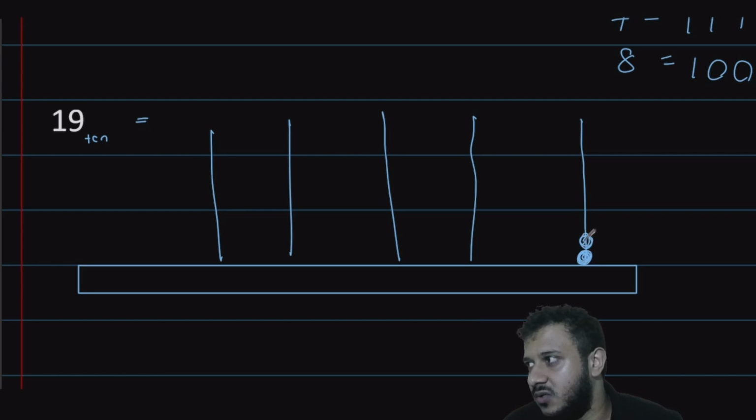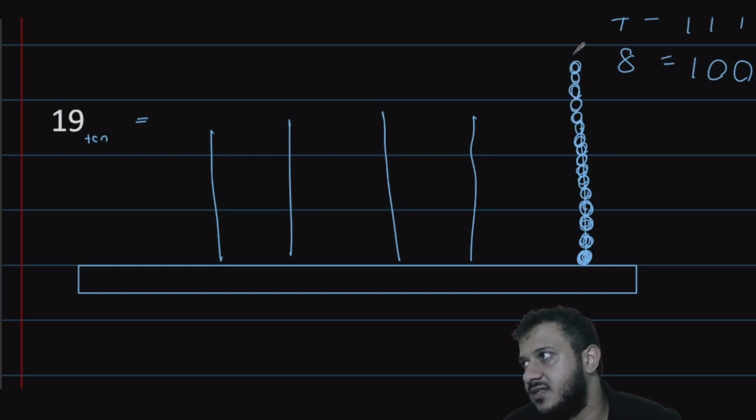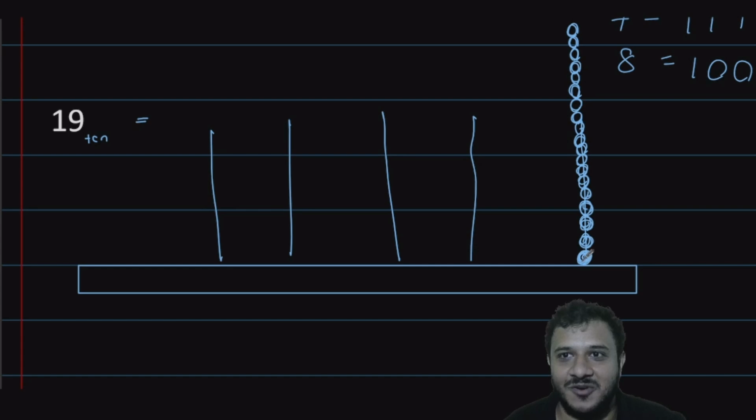1, 2, 3, 4, 5, 6, 7, 8, 9, 10, 11, 12, 13, 14, 15, 16, 17, 18, 19 numbers are there. Obviously, this is not possible.